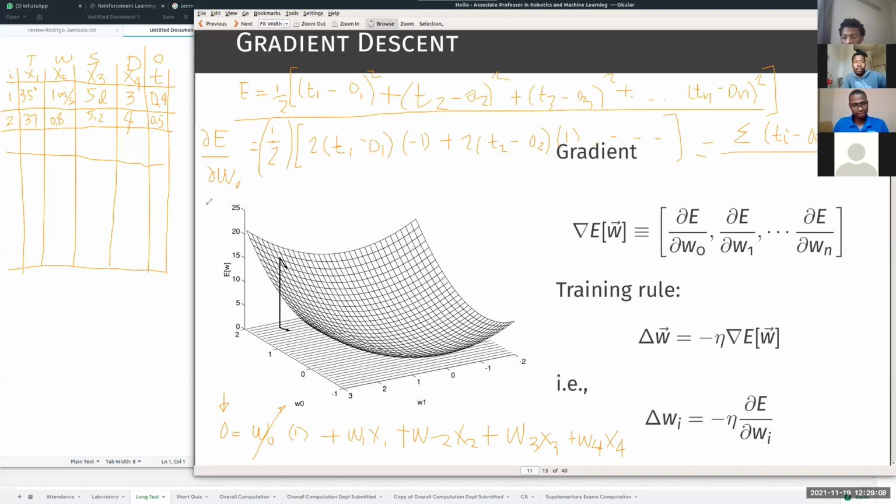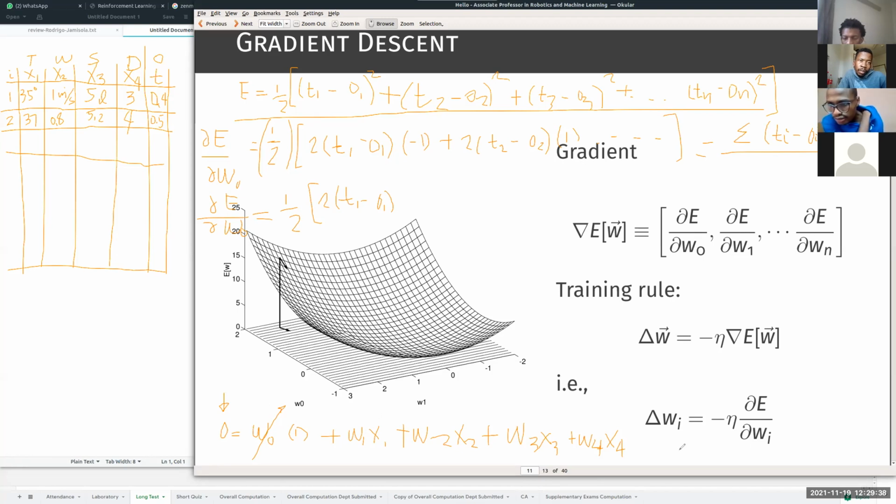Now we do the same thing, the partial of E with respect to W1. I think it's there in the subsequent slides, but I want to do it here so that we can see. Again, this is 1/2, multiplied by twice that term, T1 minus O1, multiplied by, now this is the what?